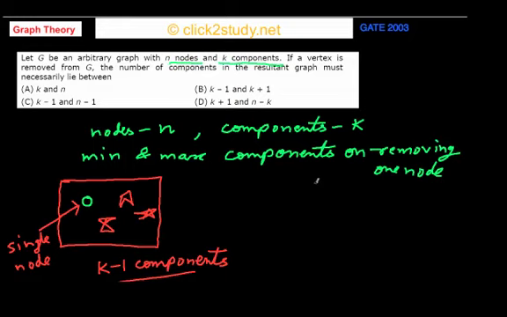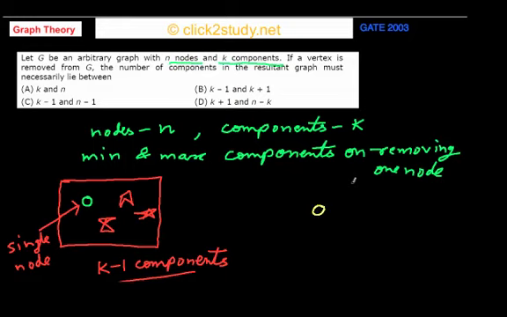So this is one extreme we just saw, and then we talk about the other extreme. Think about a situation in which you remove a single node and you are generating as many components as possible. So this one node must be really crucial, and on removal of that single node, you're disconnecting everything.